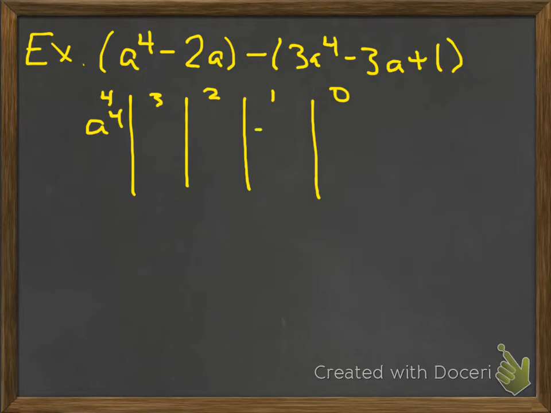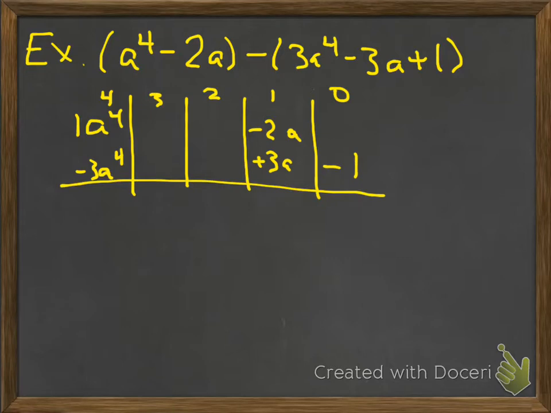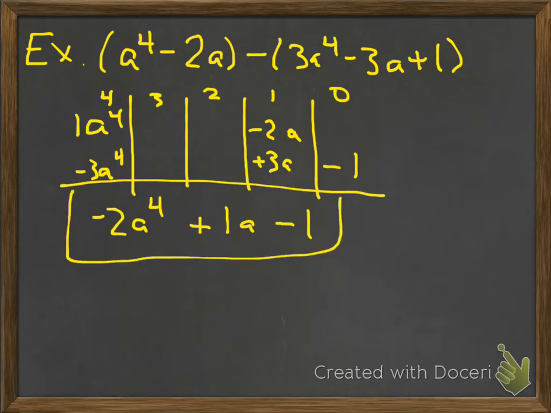Then I'll order things, and you can see I'm only putting things where they belong. So a to the fourths belong in the 4 column, a's belong in the a column, numbers in themselves. And so I had no cubes and no squared terms. So now I'm saying 1 minus 3 is negative 2, a to the fourth. Negative 2 plus 3 is positive 1a, and then minus 1, and I'm done.